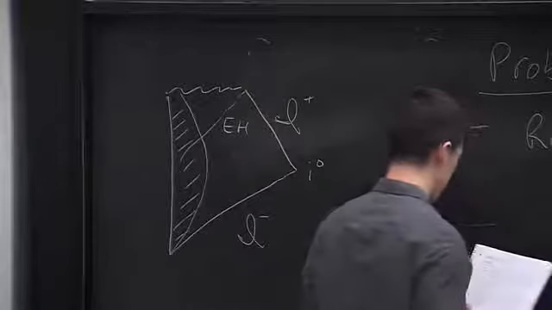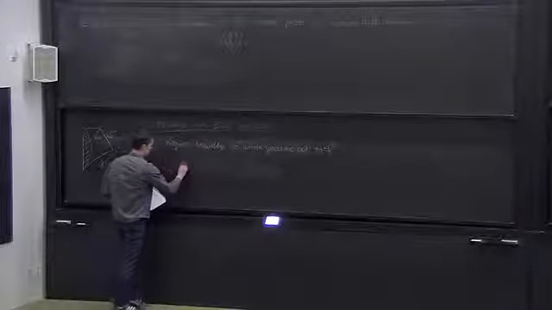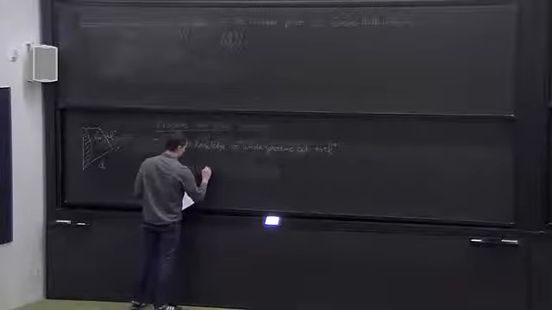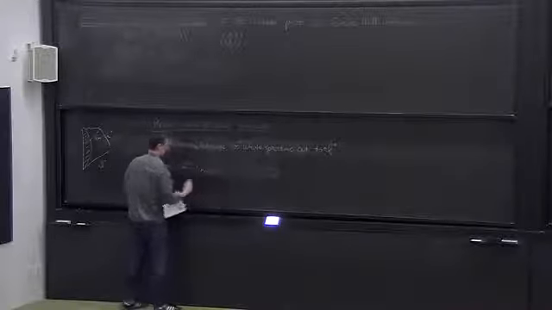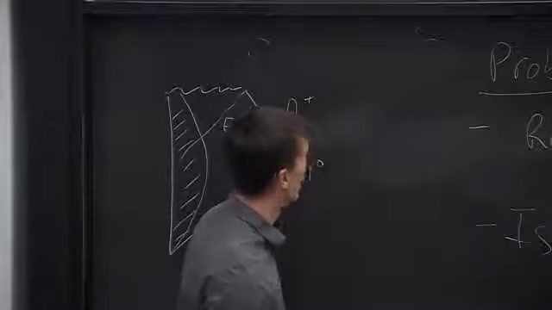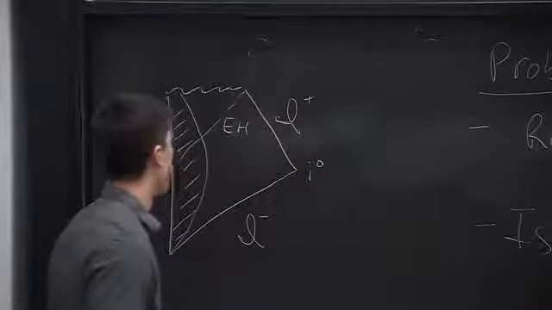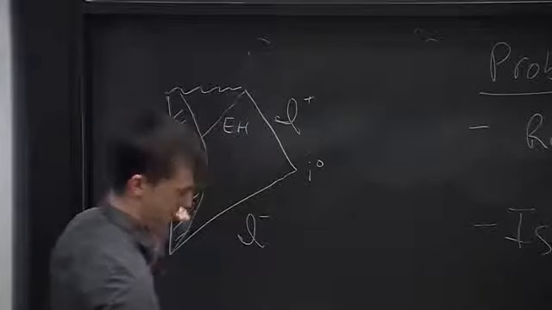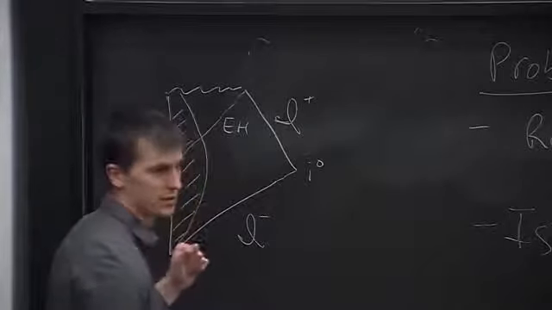The second problem is that the event horizon is teleological. It's a word I've actually only heard in relation to describing event horizons. But basically, the event horizon anticipates the future.